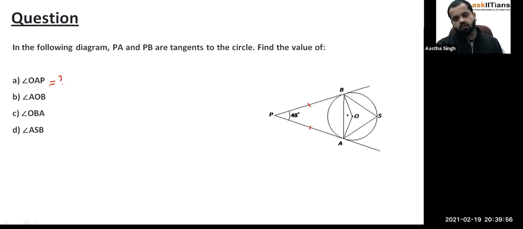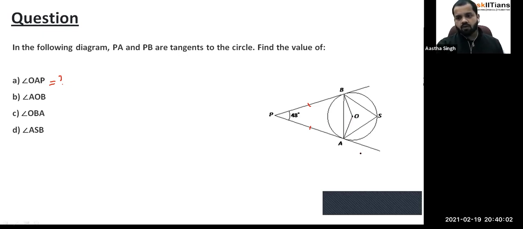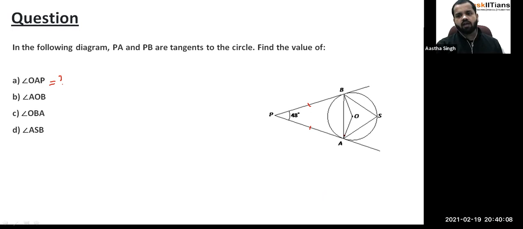Okay, so let me solve it, right? O is your center, A is your point of contact. And you already know that at the point of contact, A, it will make 90 degrees, right? You know that at the point of tangency, the radius makes an angle of 90 degrees.